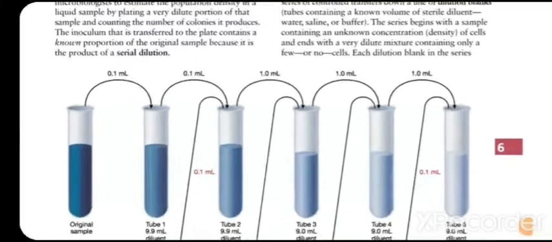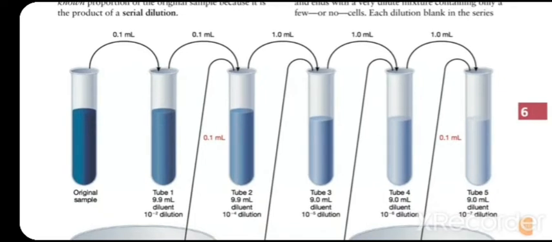We know the method of serial dilution. Whatever the milk sample that we have, that is called the original sample, that is first diluted. Then the second dilution is further diluted, the third dilution is further diluted, and this is called serial dilution technique. So this is the original sample from which 0.1 ml is added to the next tube, which contains 9.9 ml of diluent.